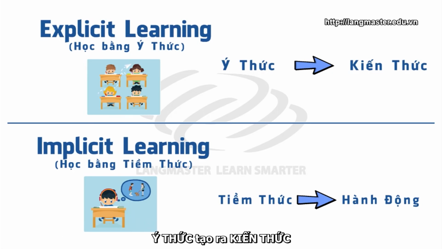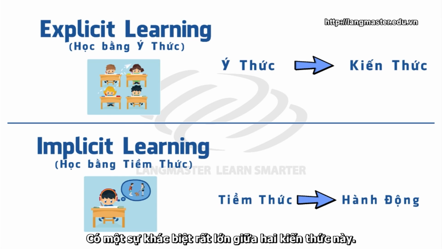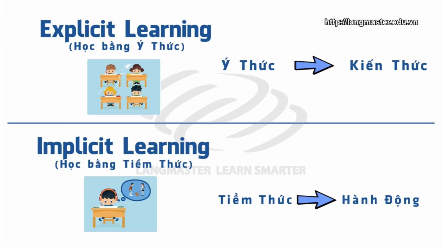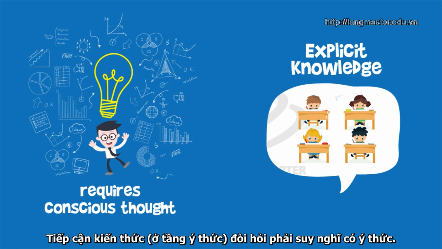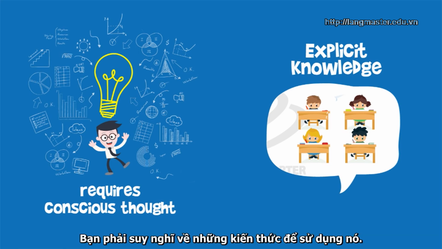Explicit learning results in explicit knowledge, whereas implicit learning results in implicit knowledge. And there's a very big difference between these 2 knowledges. Accessing explicit knowledge requires conscious thought. You have to think about the knowledge in order to use it.